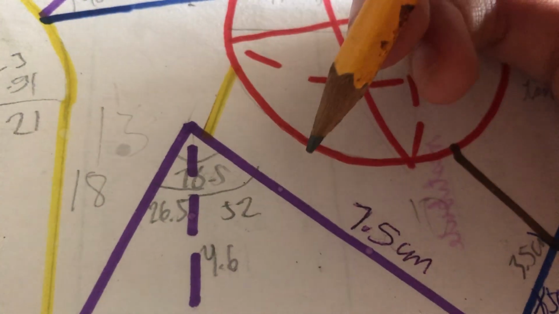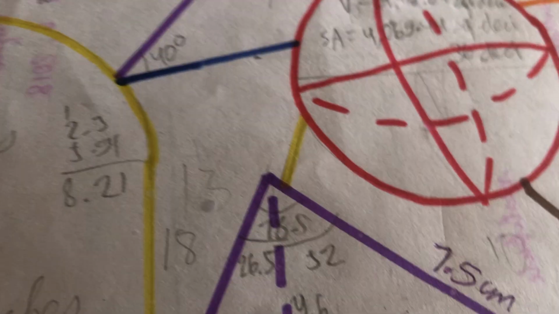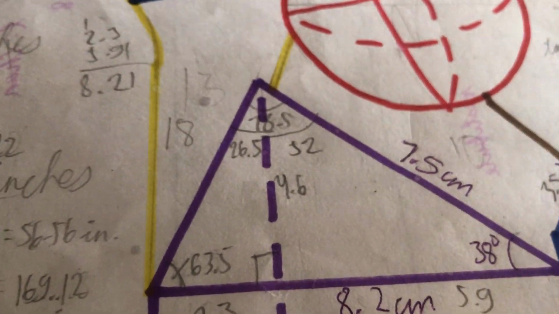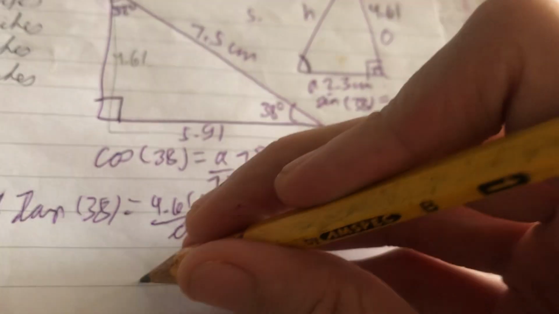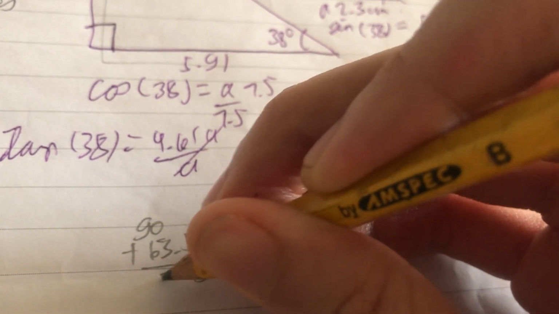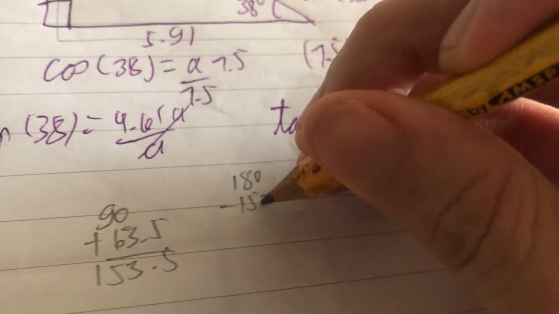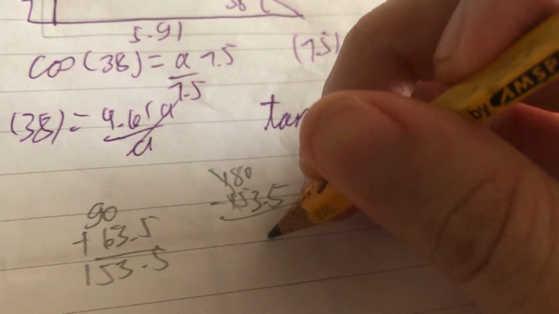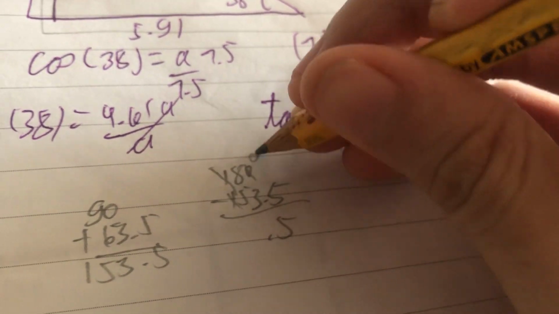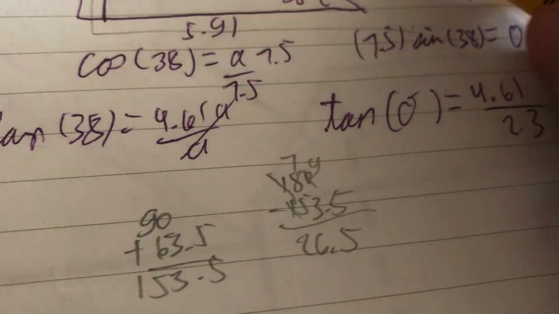Or, another way, you can do it this way: 90 plus 63.5 becomes 153.5. 180 minus 153.5 is 26.5. So that's the measure of the remnant angle.